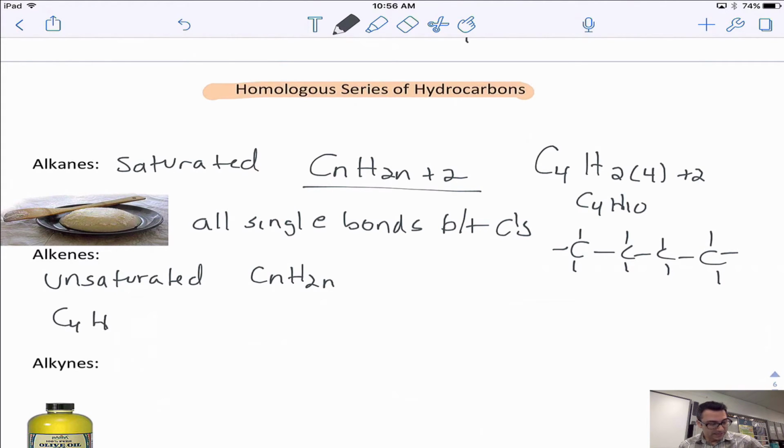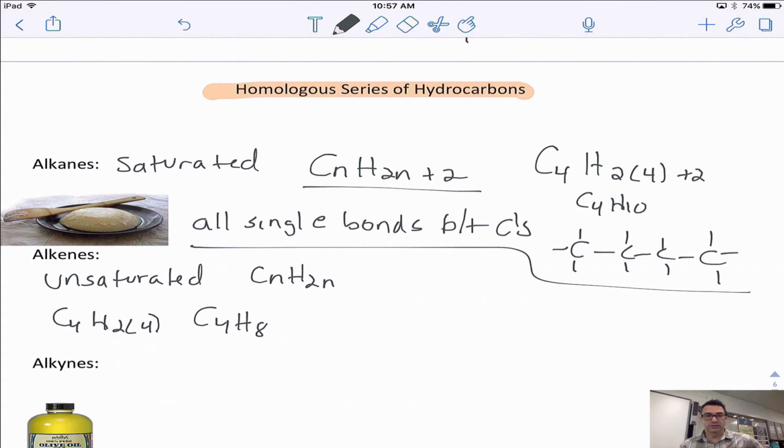Now it becomes H2 times 4, which would be C4H8. Now if we draw this, we'll see that we have a different number of hydrogens. We can't have all single bonds. There has to be some sort of multiple bond that's taking up some of those electrons and not allowing enough hydrogens to bond to make 10.